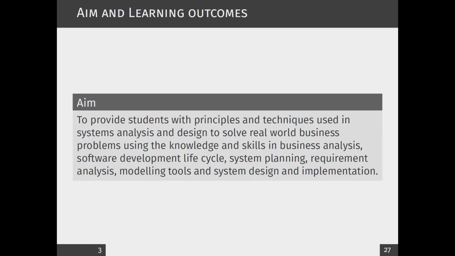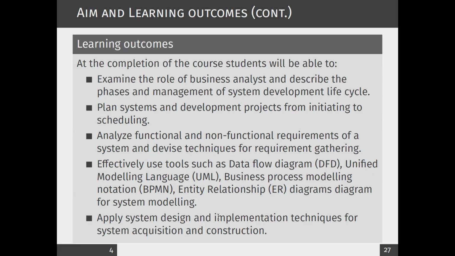What we aim for is to provide you the principles and the techniques used in system analysis and design to solve real world business problems, and especially how to develop an information system to solve a real world problem. So we'll go through each of the different software development life cycles, starting from planning, requirements, modeling, design, and implementation, and finally maintenance. So that's the aim of the module.